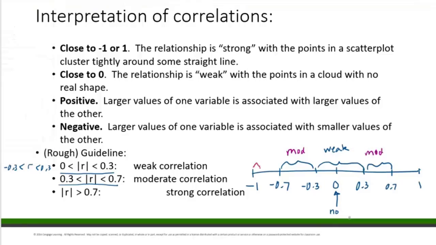Now here, if you're close to -1 or close to +1, then we say there is a strong relationship. And of course, if you're here, then you have a positive relationship, and if you are here, then there's a negative relationship.